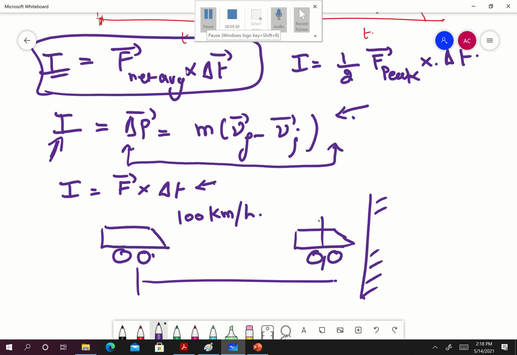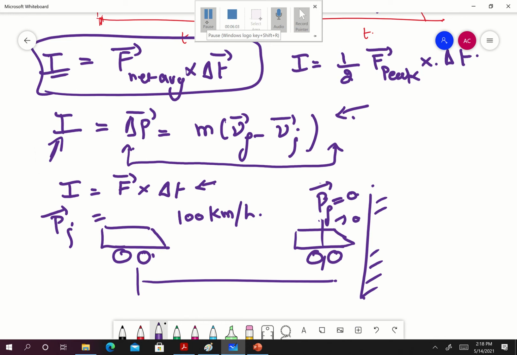The velocity at this location becomes 0, and then the momentum will also be equal to 0. Here it has a certain momentum p initial, and here the final momentum is equal to 0.